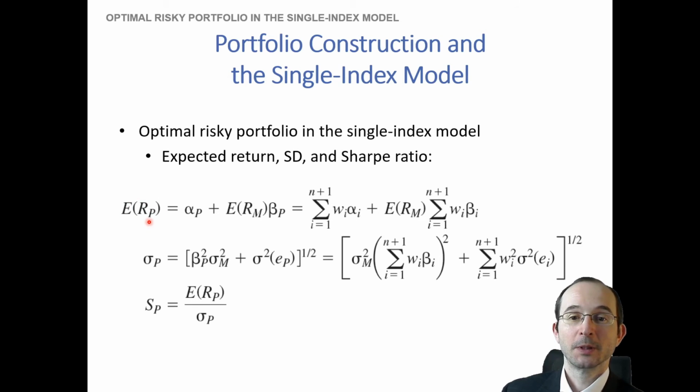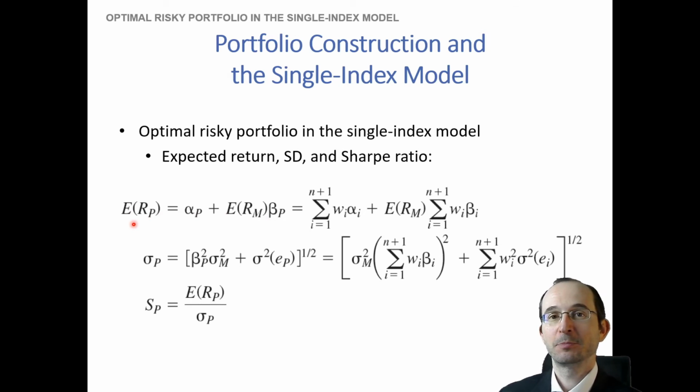So in a way, this part is actually a bit more cumbersome when we do it the single index model way than if we had done it the portfolio theory way, where we just add up the weights for each asset times the expected returns for each asset.